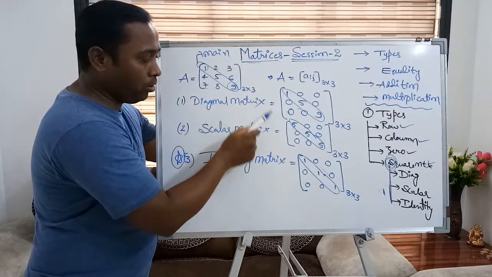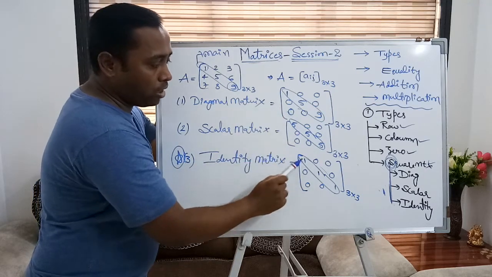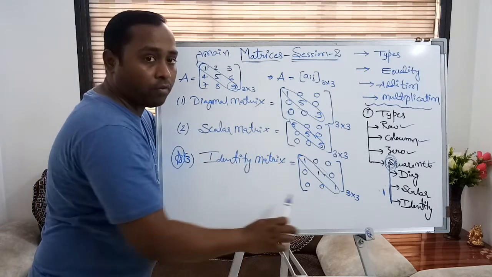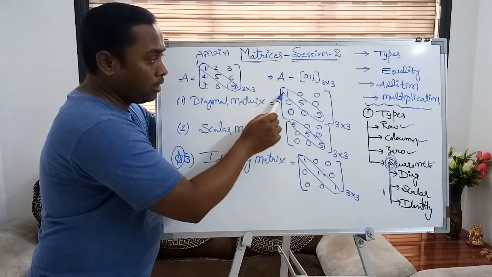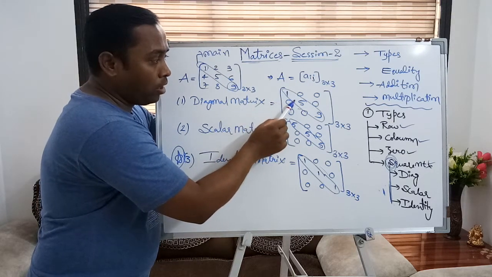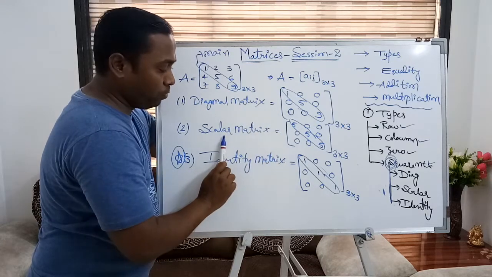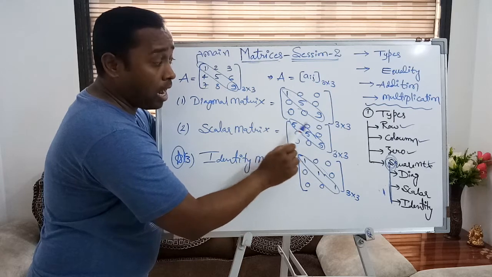In all the three types, except the diagonal elements, the rest are all zeros. That is the first condition commonly found. Second, when you speak of diagonal, only diagonal elements will be there, others are zeros. When we speak of scalar, diagonal elements will be there but they are identical.